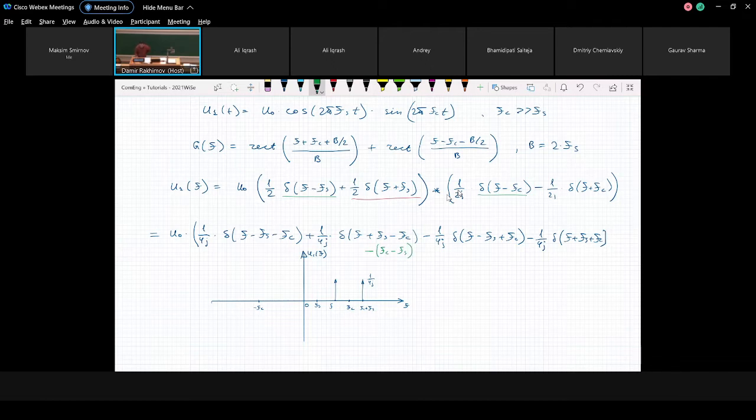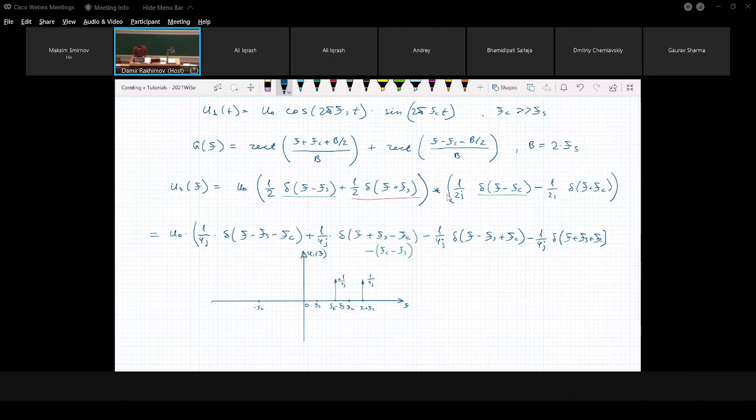Then it will be easier to understand where we must move our delta pulse. Right here, minus fs. We have 2 delta pulses, and also we have the remaining 2 delta pulses with negative magnitudes.